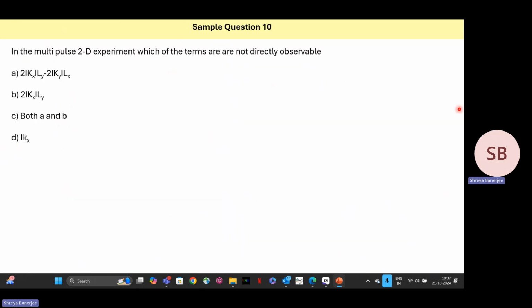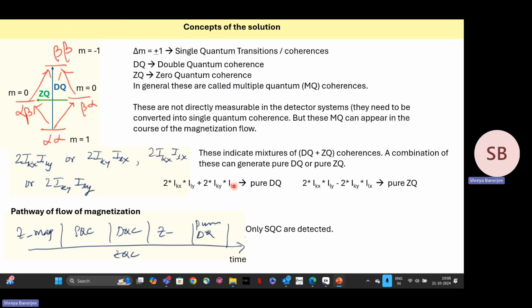The next question is asking, in the multi-pulse 2D experiment, which of the terms are not directly observable? If you remember, the quantum condition is that delta M must be plus minus 1. That is a single quantum transition. If you have two spins of spin half, you have 4 energy levels.